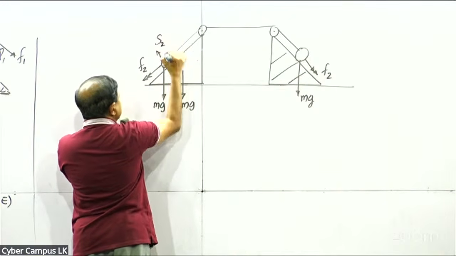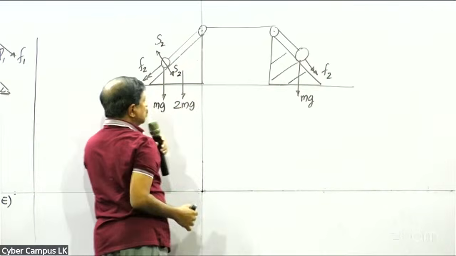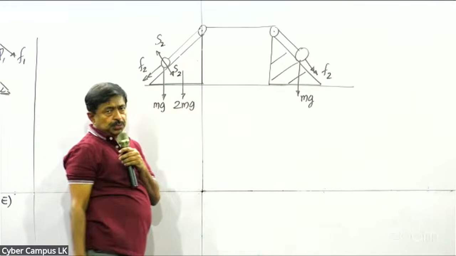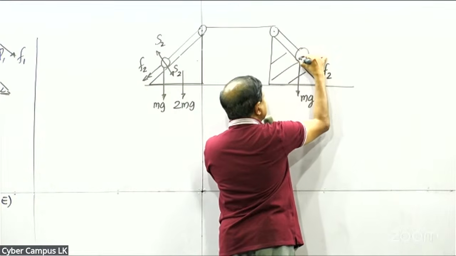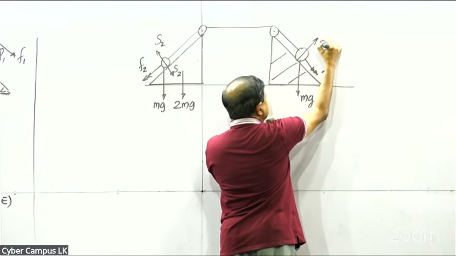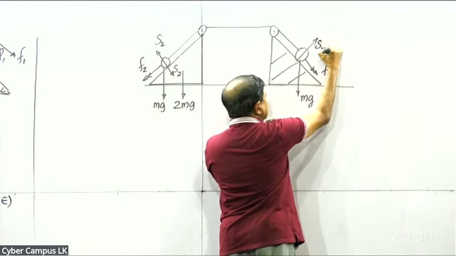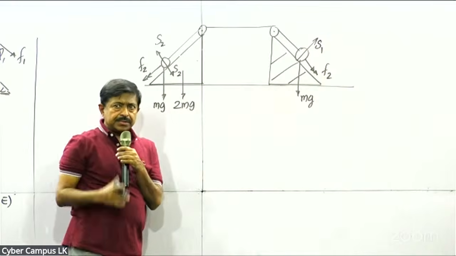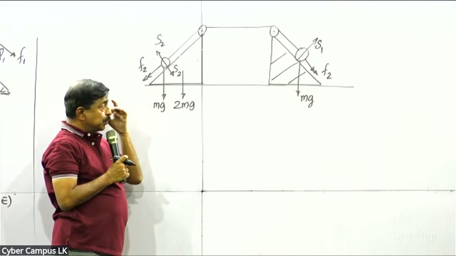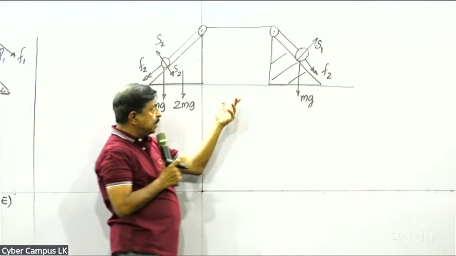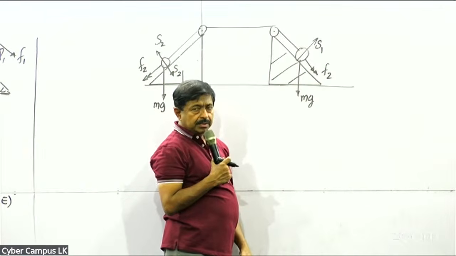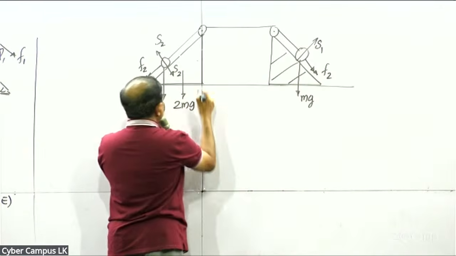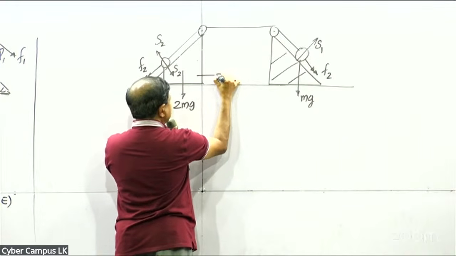I label it as S2 because the object is P2. Here we don't care what the forces acting on the fixed wedge are. I'll take this one, which is the reaction on P1 by the wedge. Now the accelerations.